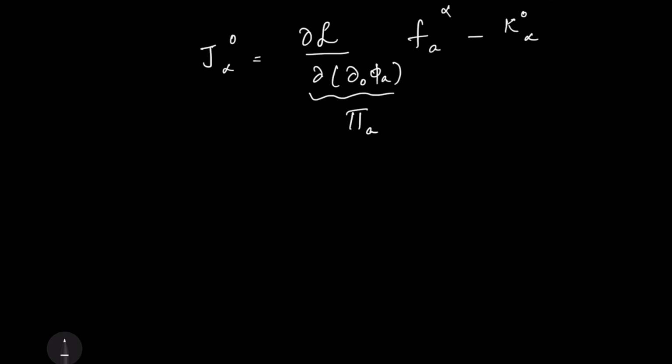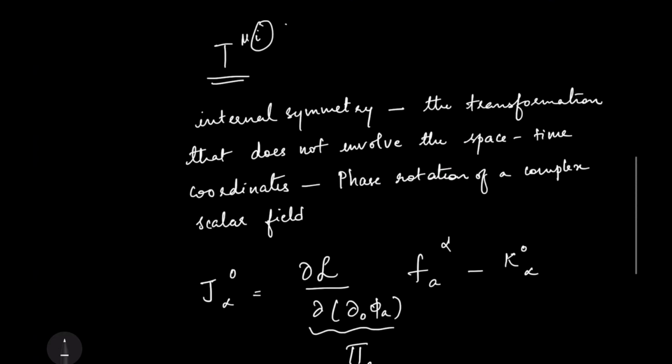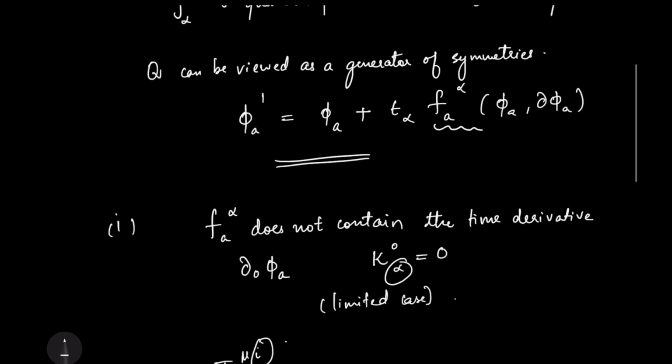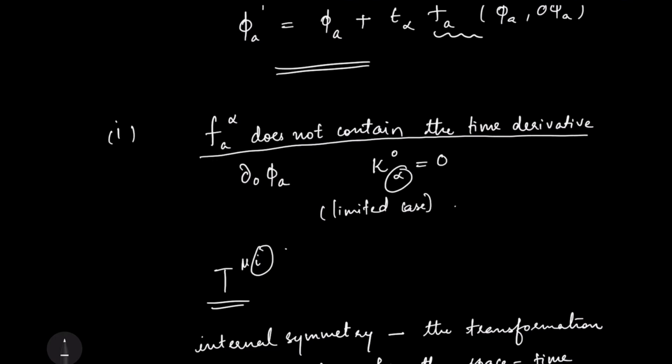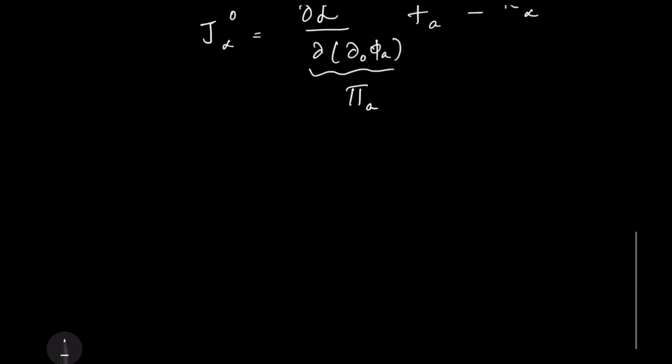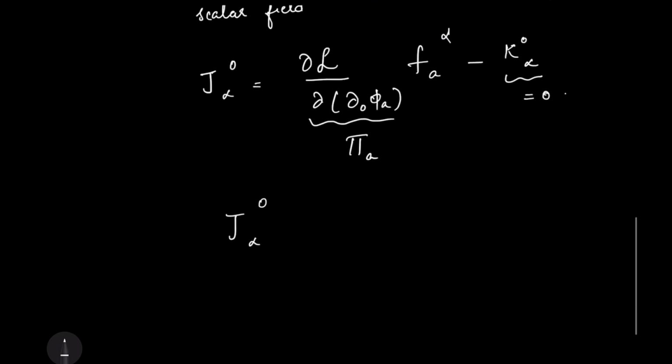And here we have taken the condition that f a alpha does not contain the time derivative of phi a, and also does not contain this term K0, so K0 must be 0. If I apply K0 equal to 0, then I get J alpha 0 is equal to pi a f a alpha.